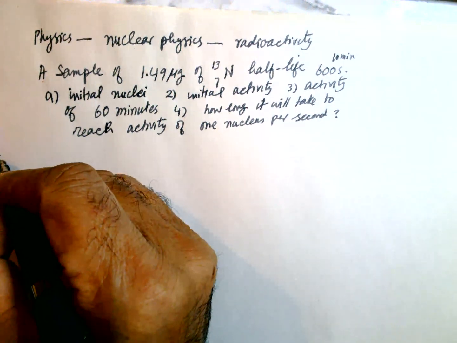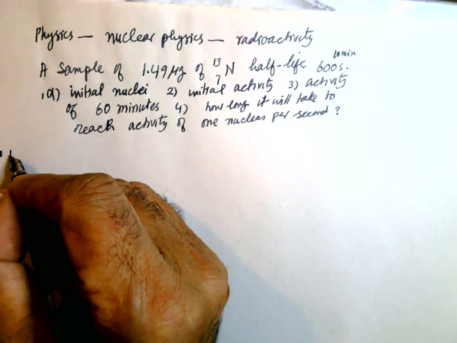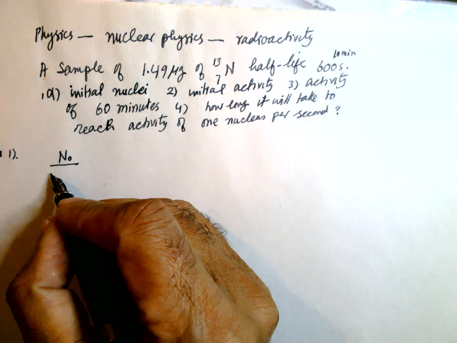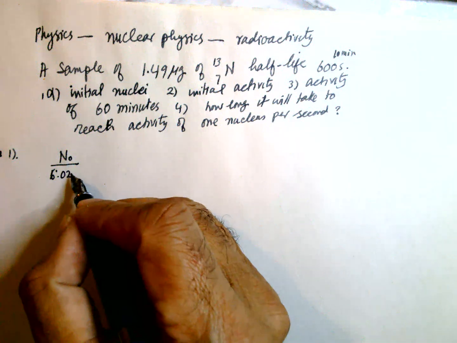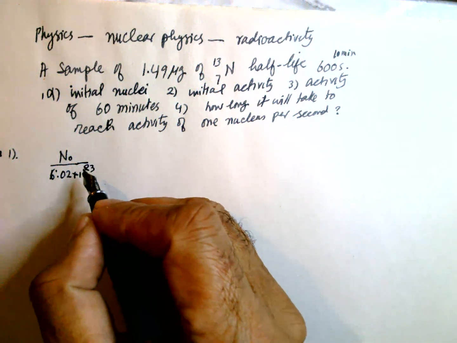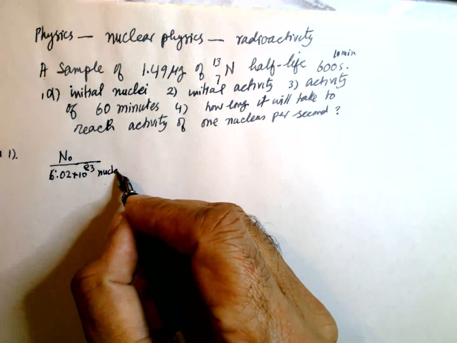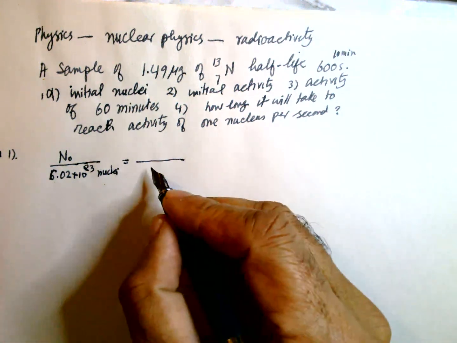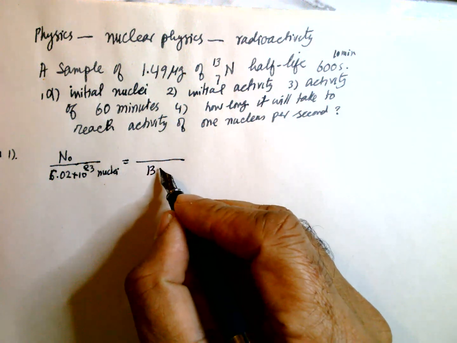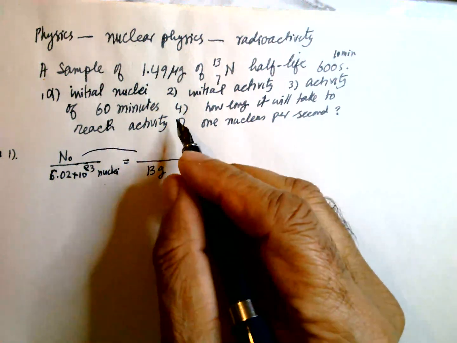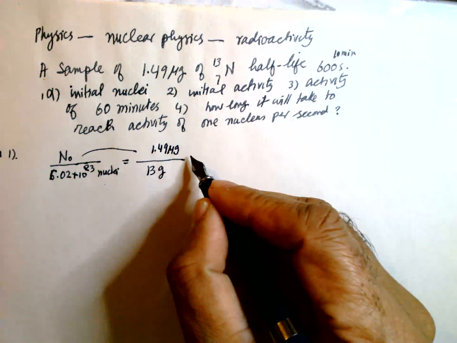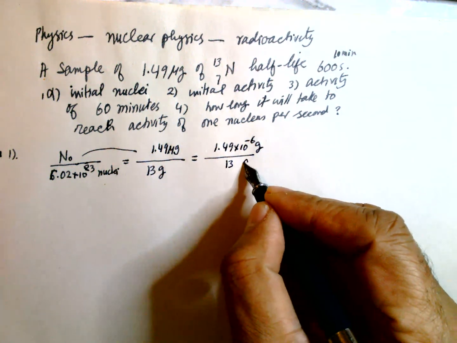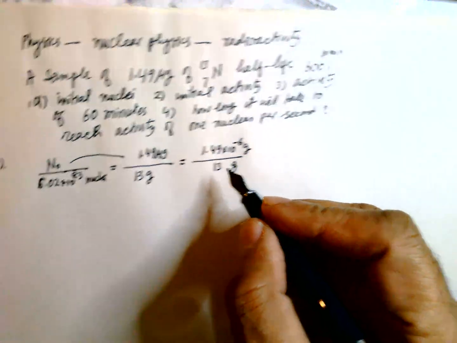So N0 over Avogadro number, 6.02 into 10 to the power 23 nuclei, is equal to the number corresponding to 1 mole of nitrogen, which is 13 gram, over 1.49 microgram, which is 1.49 into 10 to the power minus 6 gram over 13 gram. So from here, we can calculate N0.